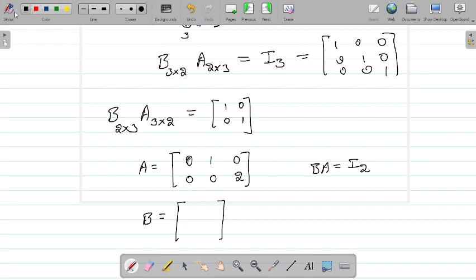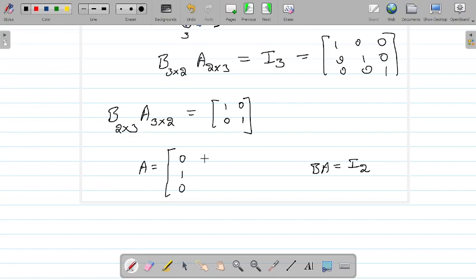So I'm actually taking 3 by 2, but here I have written 2 by 3, sorry. Let me change it. Yeah, this is my A.